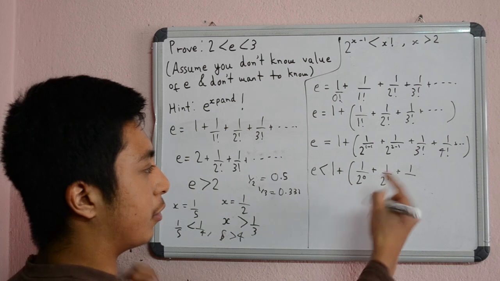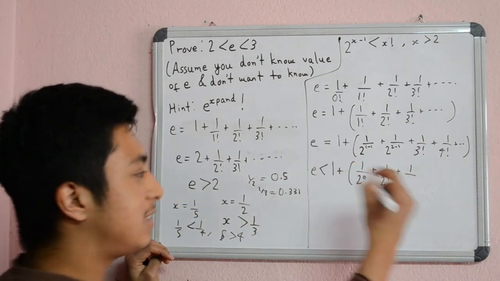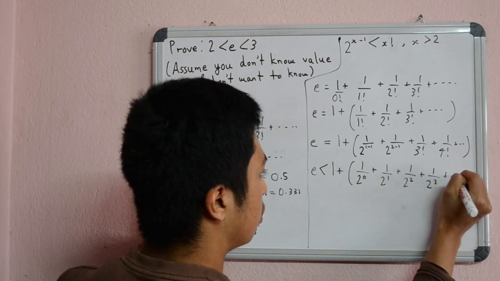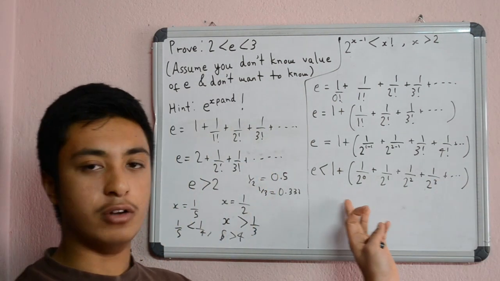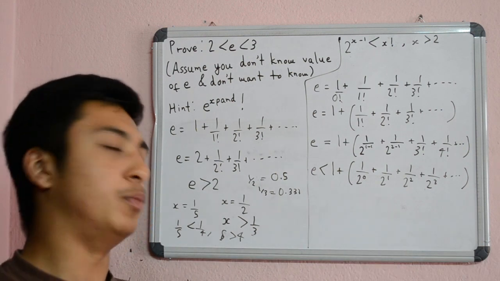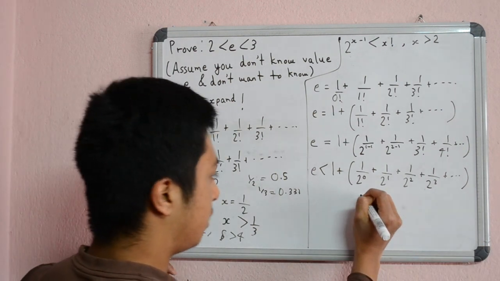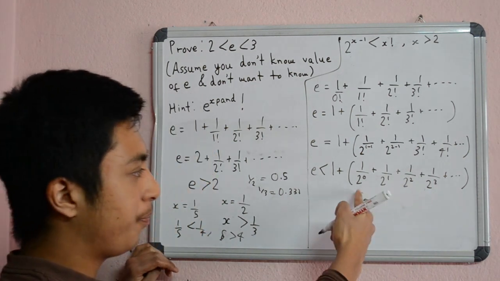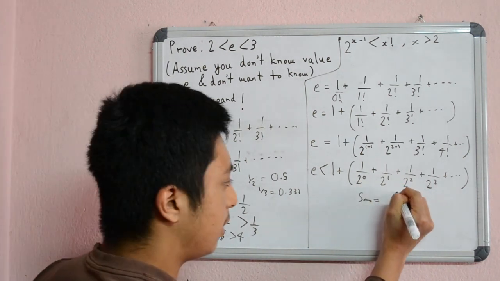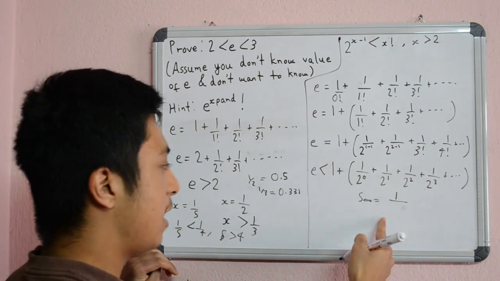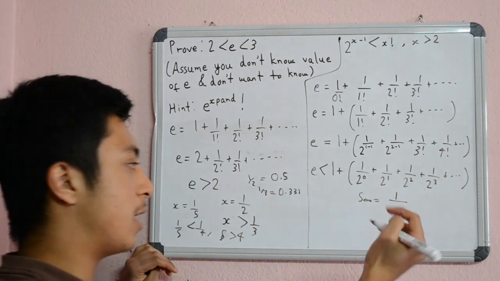So over here we get e is less than 2 square plus 1 by 2 cube plus so on. And now we have our geometric series to infinite terms. So all we have to do is put the formula, which is that this sum will be equal to the first term, which is 1 by 2 to the power 0, just 1 by 1, and the common ratio, which is just 1 by 2.